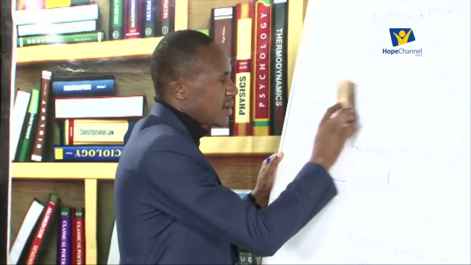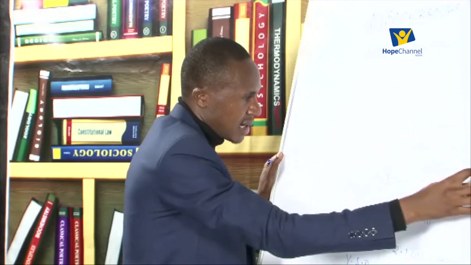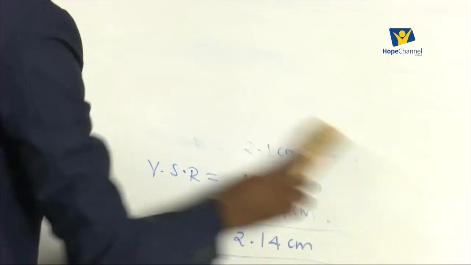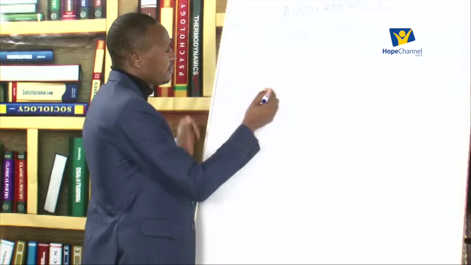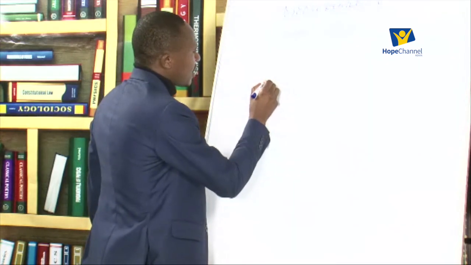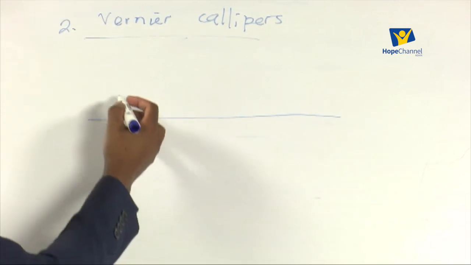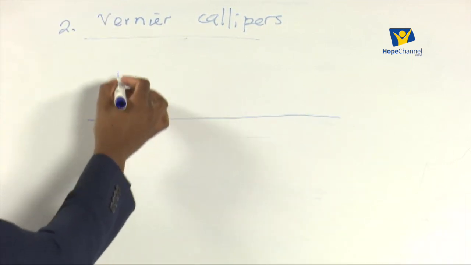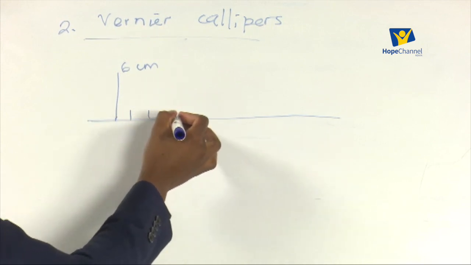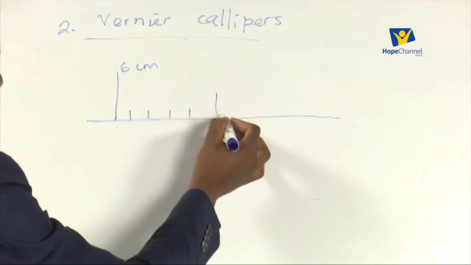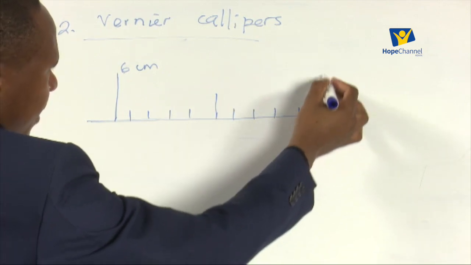Draw. So still we get the reading that is displayed by the Vernier scale. This time round I'll be having something slightly different. So we have the horizontal line. Let me have 6 centimeters. Then I have 1, 2, 3, 4, 5, then 1, 2, 3, 4, 7.